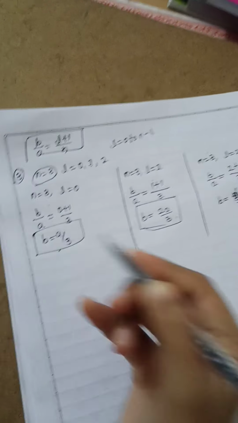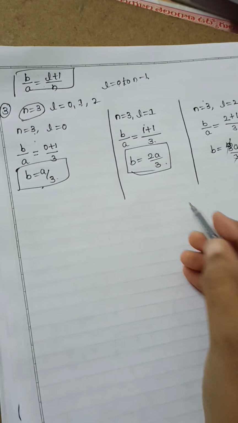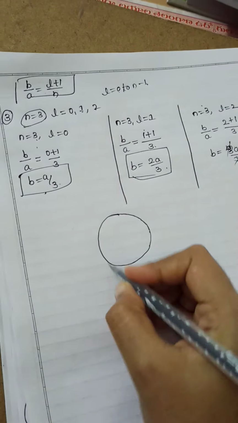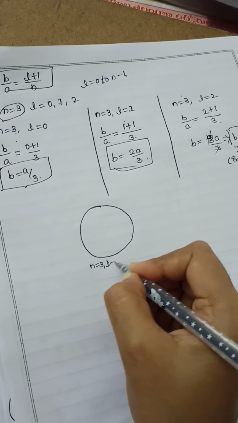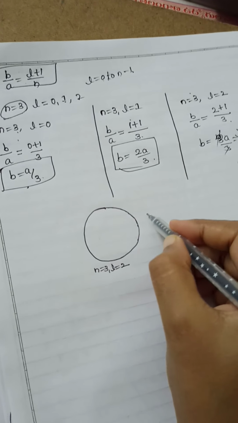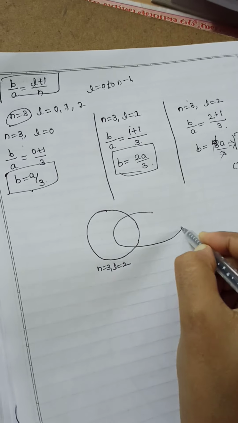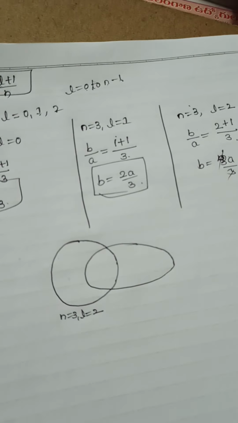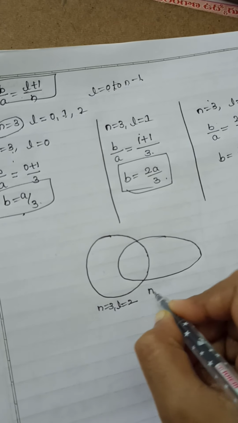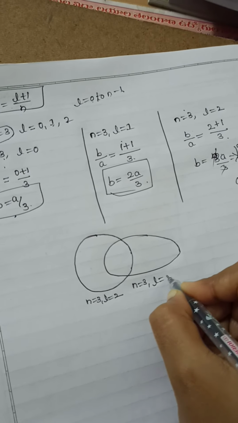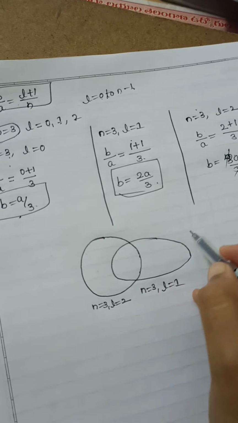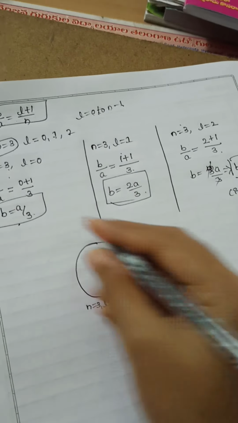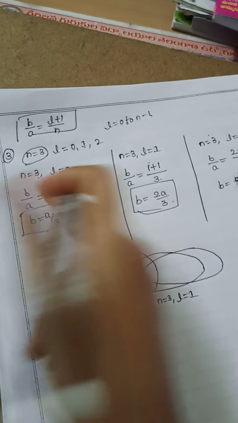So here I would like to draw the diagram like this. First of all, the circular orbit with the condition of n is equal to 3, l is equal to 2. Next, the elliptical orbit with the condition of n is equal to 3, l is equal to 1, and next, like this, n is equal to 3, l is equal to 0.